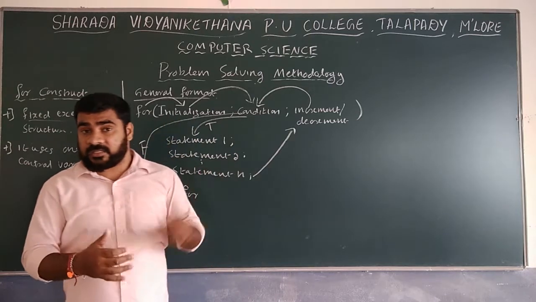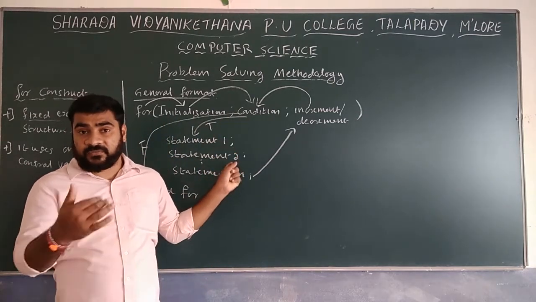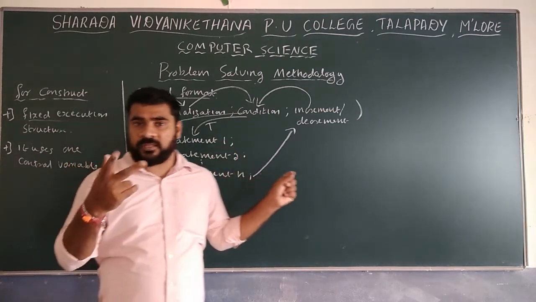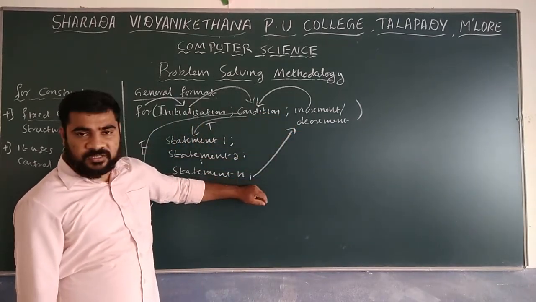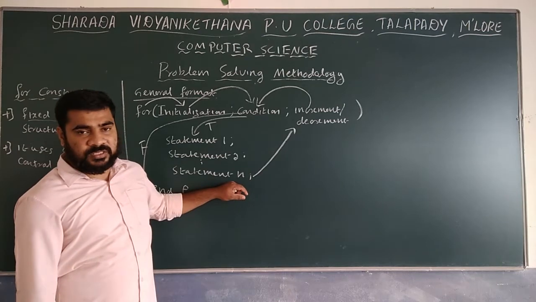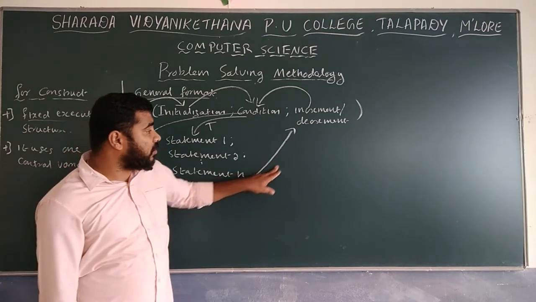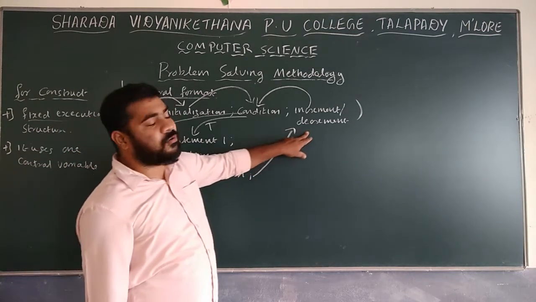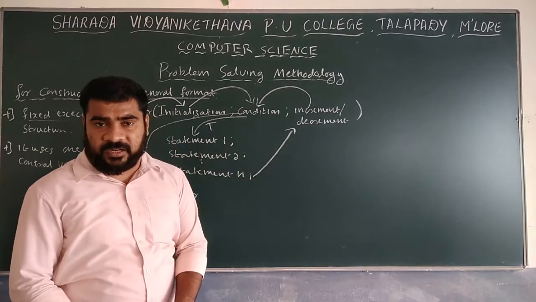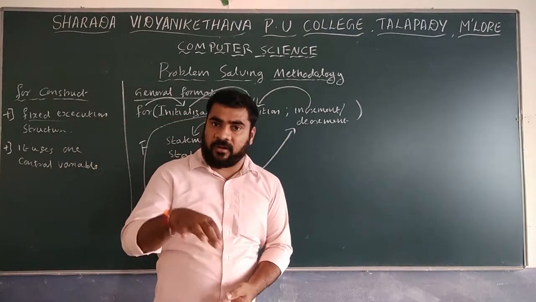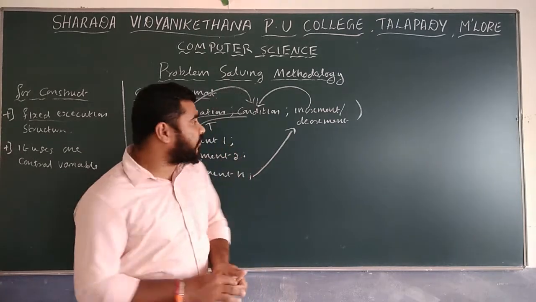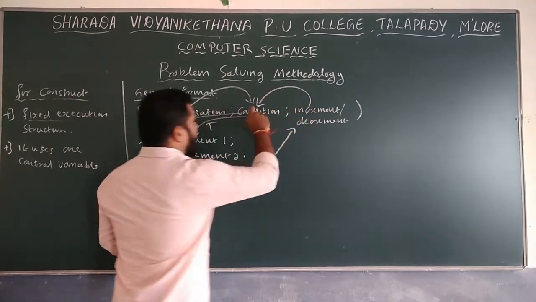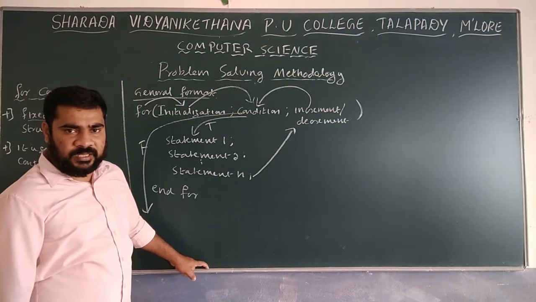After checking the condition, we will get the output, either true or false. Whenever the condition is true, then statement 1 to statement n are going to execute. After executing the statements, control moves to the increment or decrement. After that, control checks the condition once again.